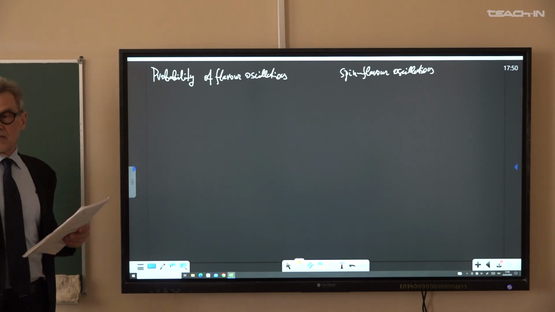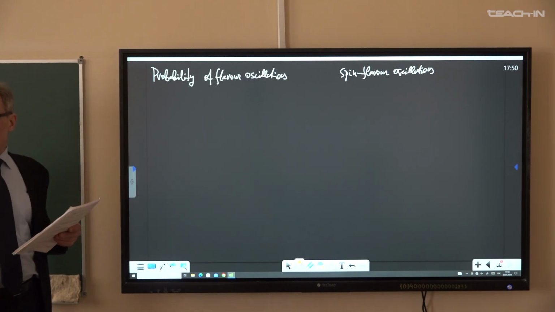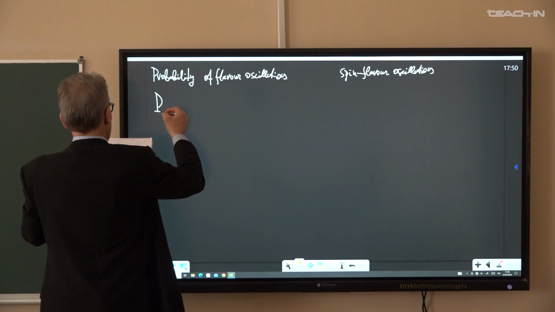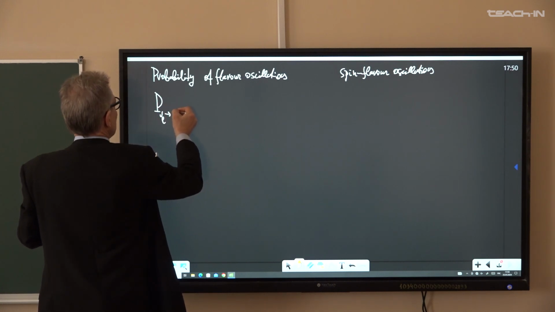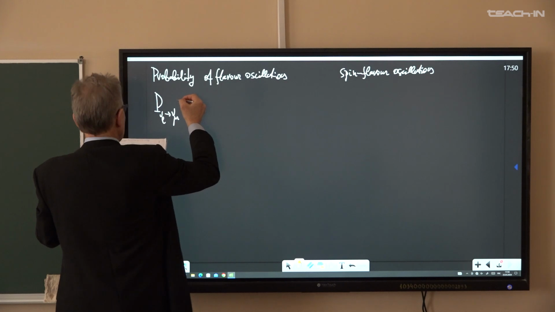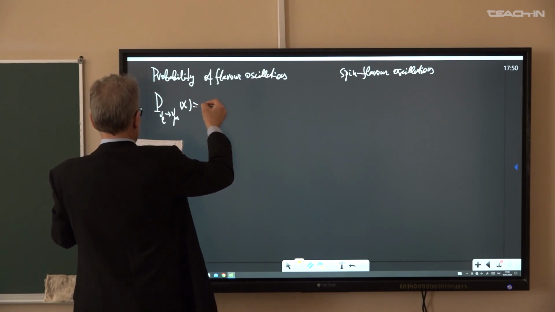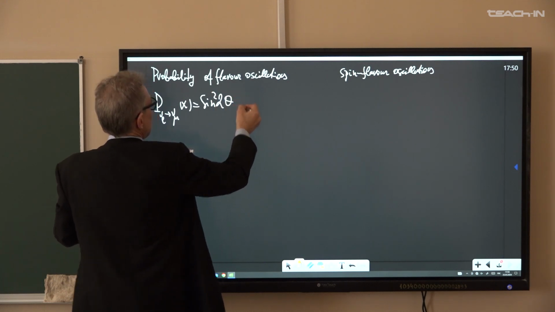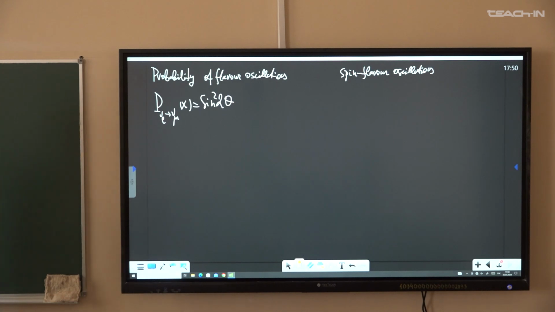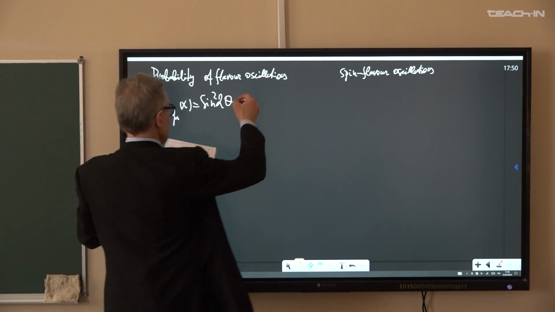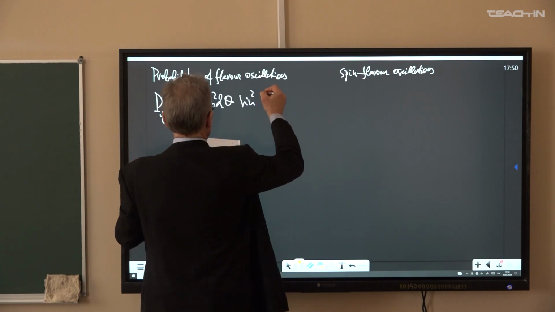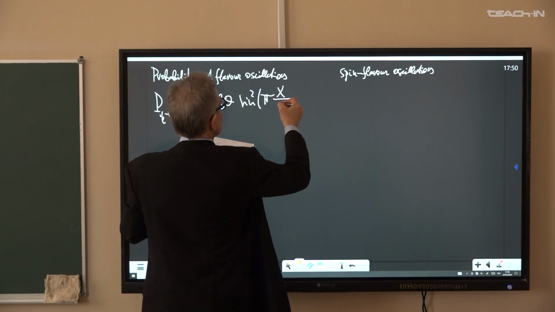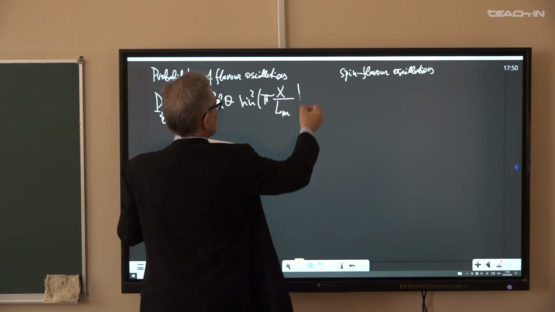Again, we are dealing with two mass-state neutrinos and two flavor neutrinos, and the probability of flavor oscillations, electron neutrino to muon neutrino, as a function of distance x, equals the amplitude of oscillations, sine squared of the double mixing angle, multiplied by the second sine squared, that is, pi times the travel distance x divided by the length of oscillations.